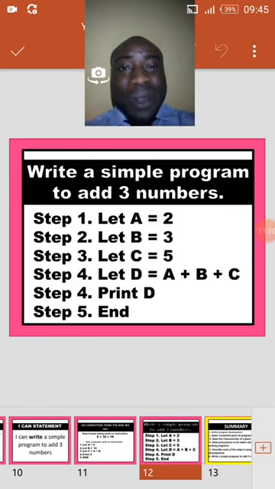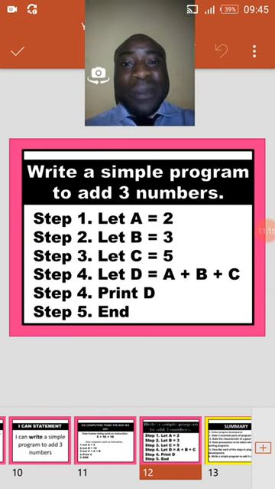Alright, I asked you a question the other time, that can you write a simple program? Alright, this is the simple program. As you can look at the board, the simple program is to add 3 numbers. So these are the steps we are to use following our program development steps. So we have step 1, let A equal 2.